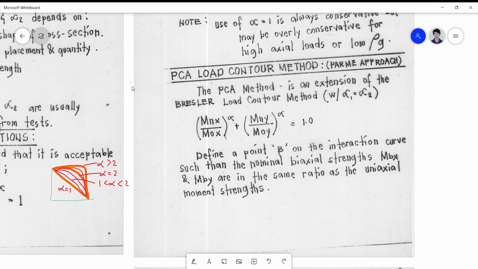The PCA method is simply an extension of the Bresler load contour. Alpha 1 is equal to alpha 2 only, but it is defining a certain point B on the interaction curve such that the nominal biaxial strength MBX and MBY are in the same ratio as the uniaxial moment strength.